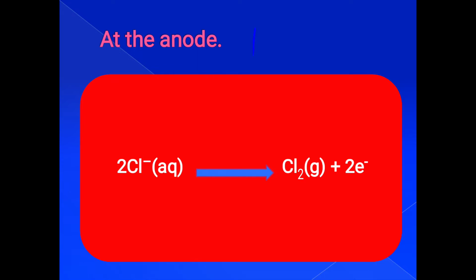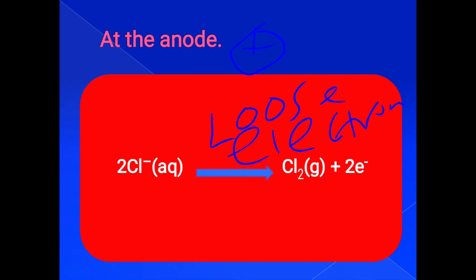The anode is usually positively charged, and therefore you expect that the chloride ions, which are negatively charged, will be attracted to it. So by this, the chloride ions lose electrons, and the electrons that are lost are the 2 electrons you see here. The 2 electrons are coming from 2 chloride ions.